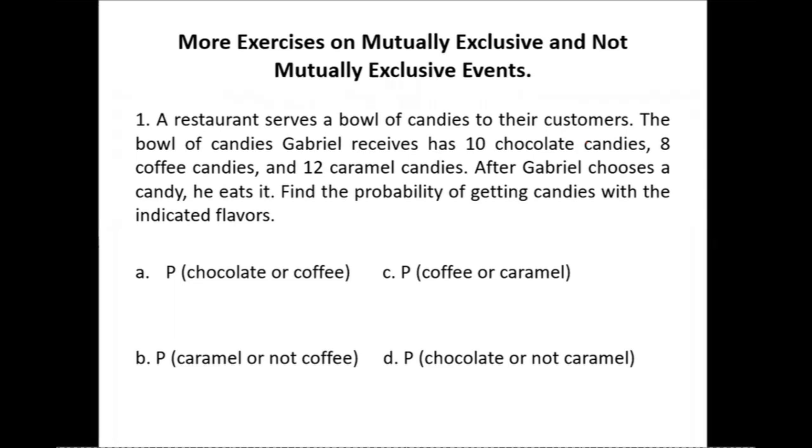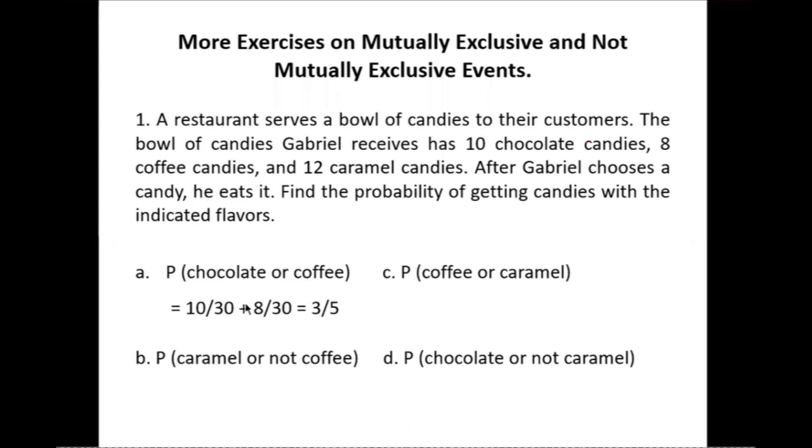Find the probability of getting candies with the indicated flavors. Probability of chocolate or coffee. So, ang chocolate natin ay 10 out of 30. Kasi meron tayong 30 lahat-lahat na candies. 10, 8, and 12. So, ang chocolate 10 over 30. At ang coffee naman 8 over 30.